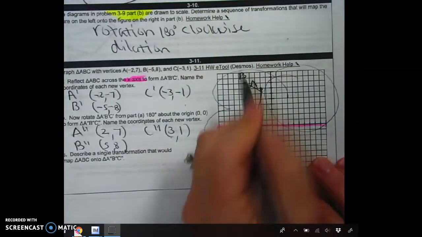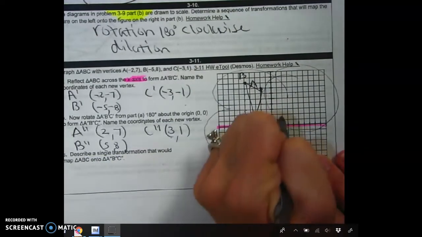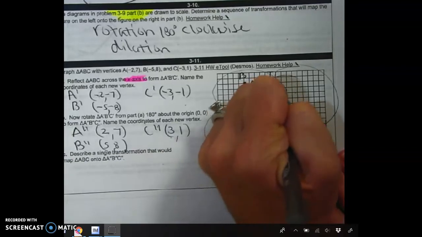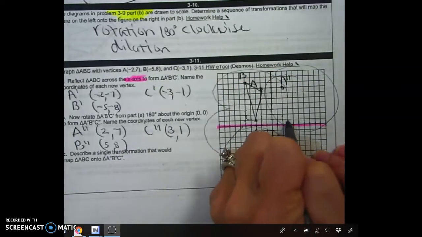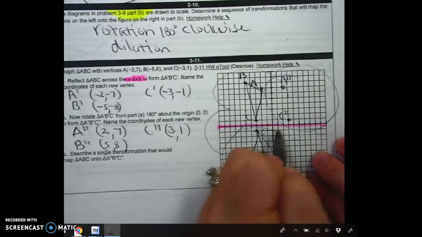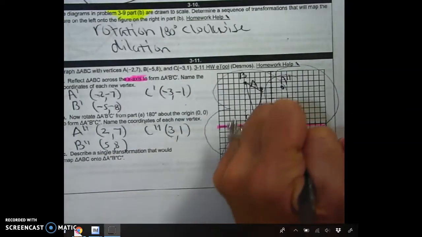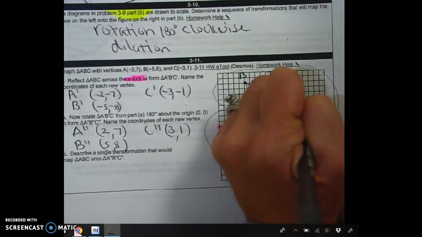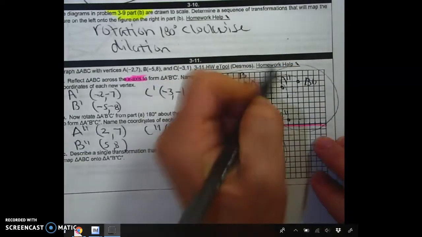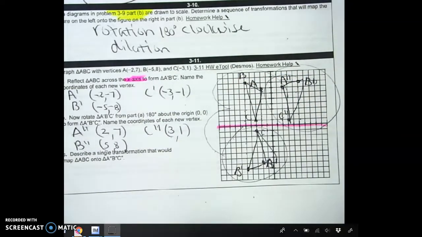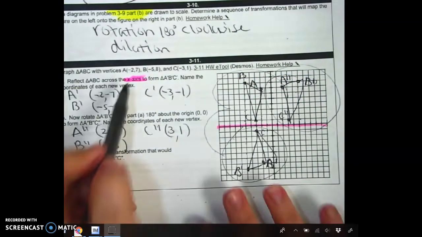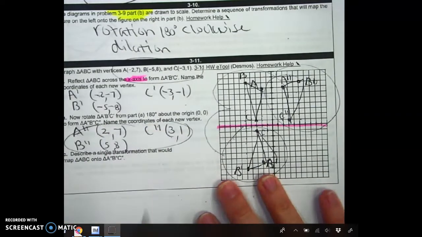So let me just graph it. A double prime, C double prime at 3, 1, and B double prime at 5, 8. I'll give you patty paper, but you can always just use regular paper. I really encourage you to use those points.